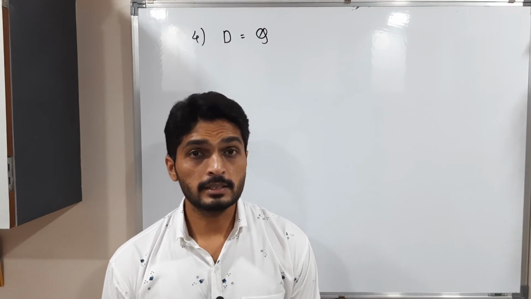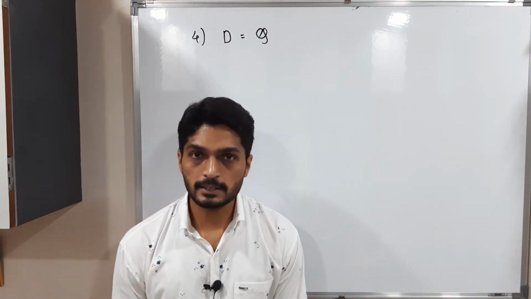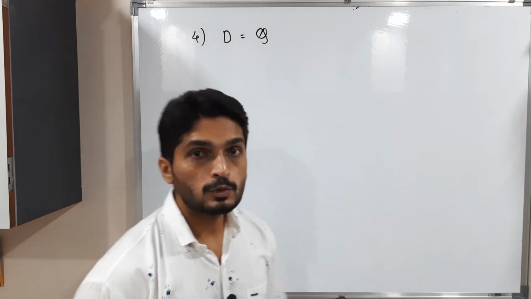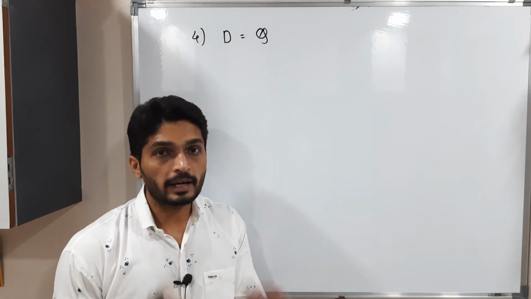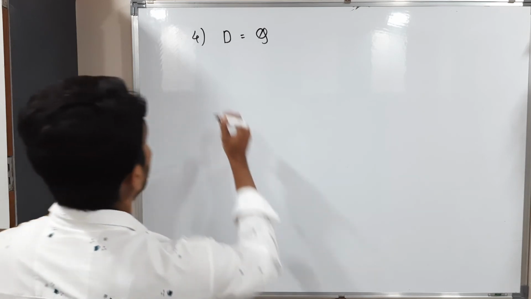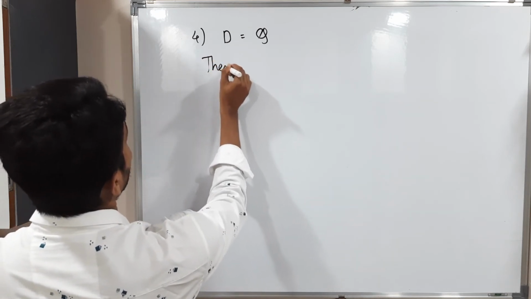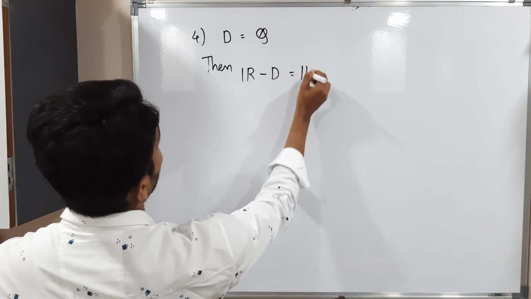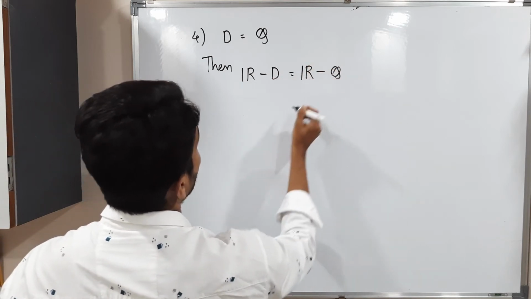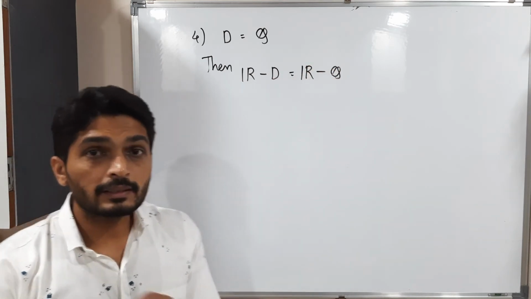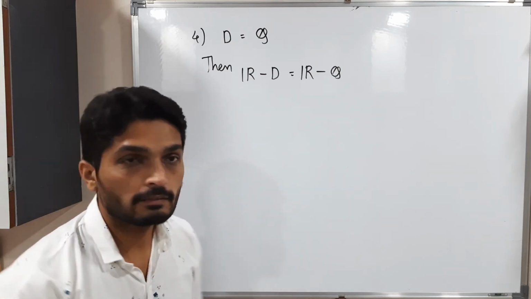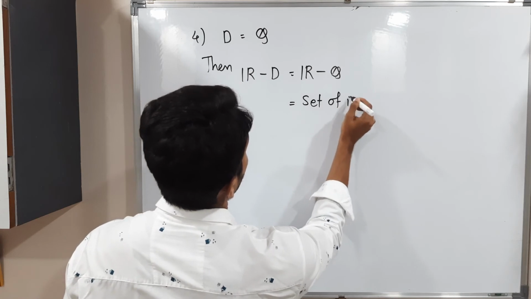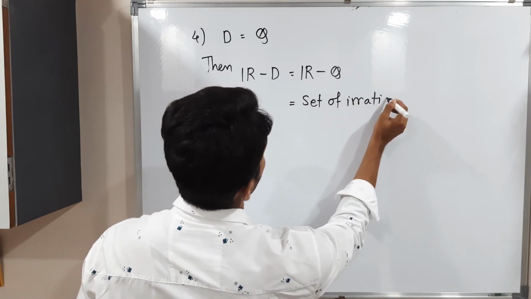So the next set is Q, the set of rational numbers. We have to check whether this set is closed or not. So obviously we will find its complement. Then R minus Q. See, other than rationals, we obviously have irrational numbers. So this is nothing but the set of irrational numbers.